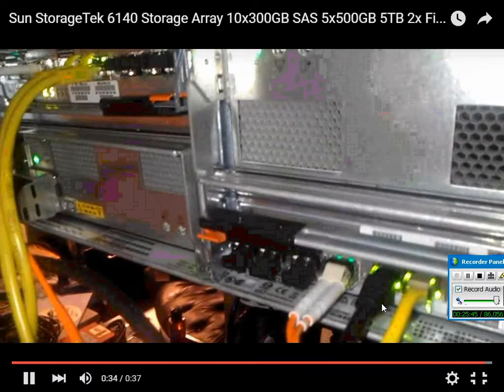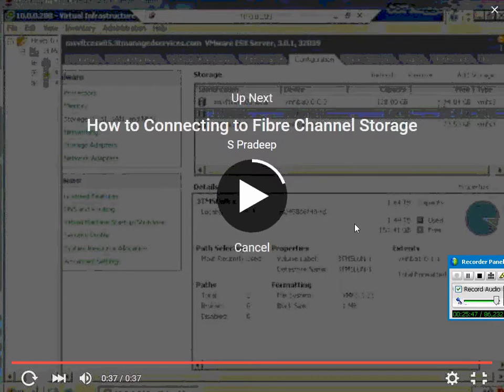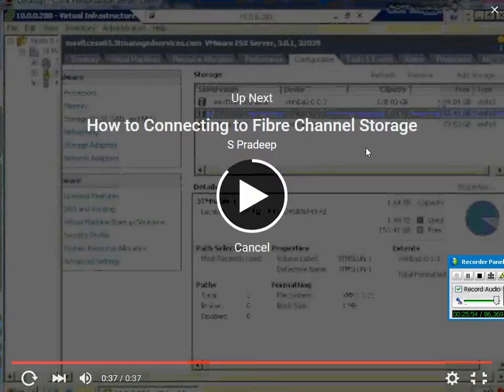This is really fun, you know. They have to connect in the fiber channels. This is called CAM, Common Array Manager.